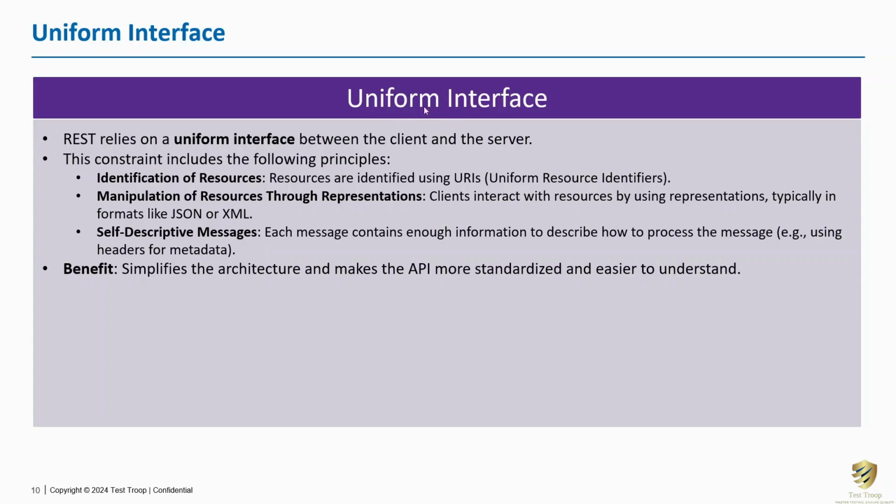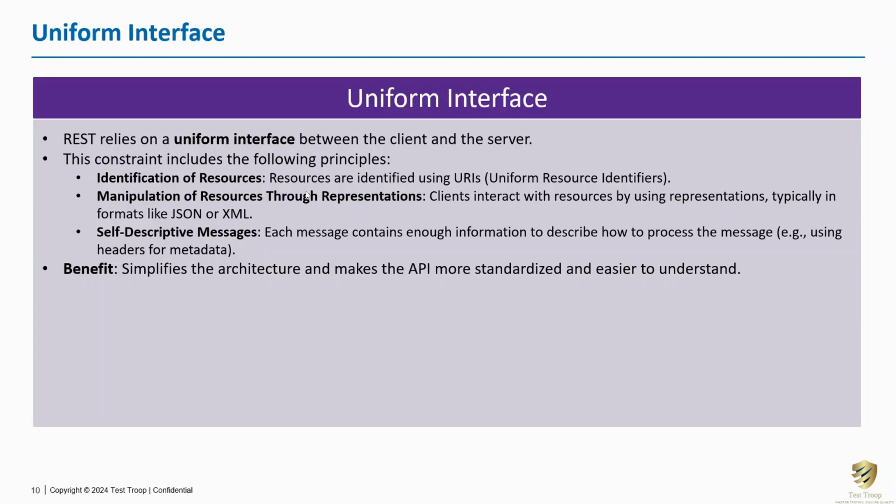The uniform interface, which is the fourth constraint, says that REST relies on a uniform interface between the client and server. The client and server both should follow a uniform interface. This constraint includes the following principles. First is the identification of resources, which is done by URI.